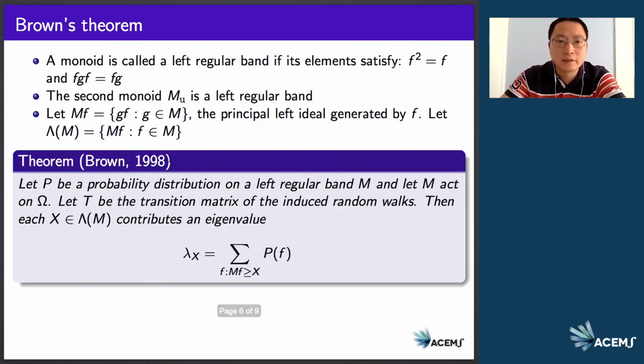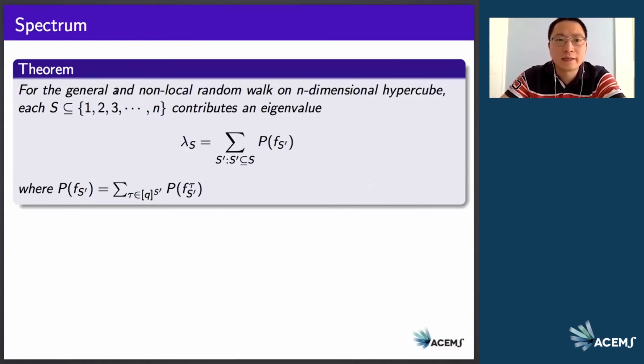Sorry. So here the Brown theorem is a theorem which applies to any left regular band, like any monoid and any state space omega. Here we can apply this to our case. We consider this general random walk on the n-dimensional hypercube. Now we can obtain the eigenvalues. Let's say these are the eigenvalues lambda s.